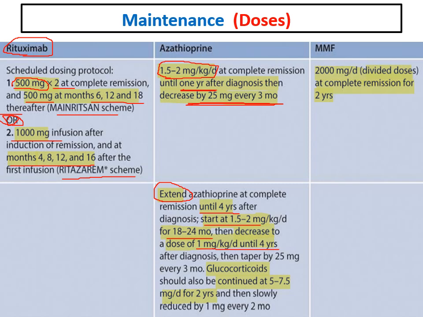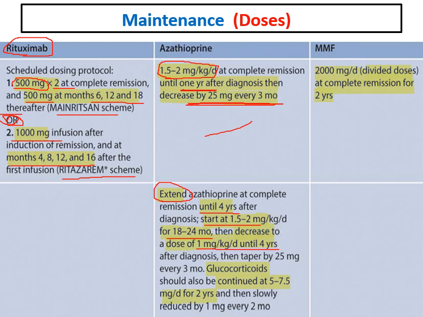This is if we give for 18 to 24 months, and this is if we decided to prolong the duration of giving azathioprine for maintenance.